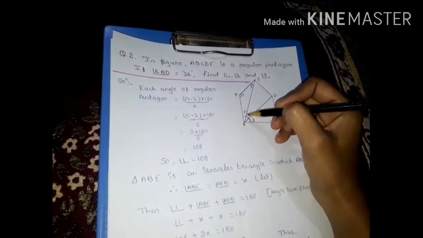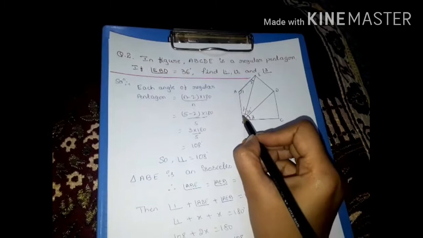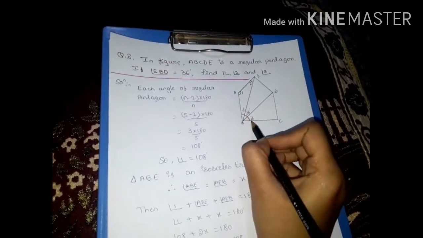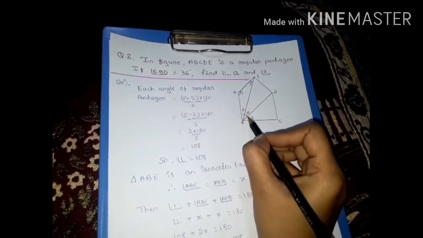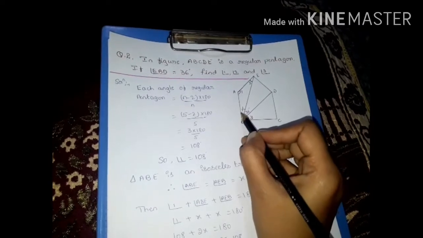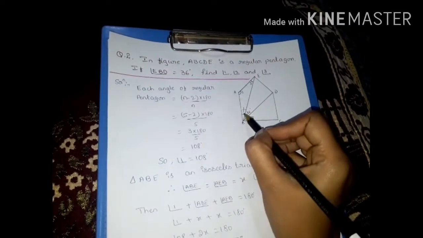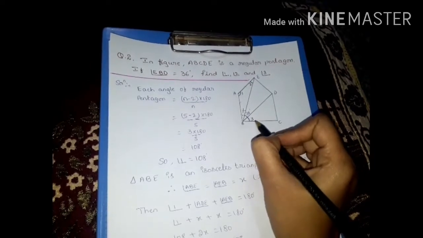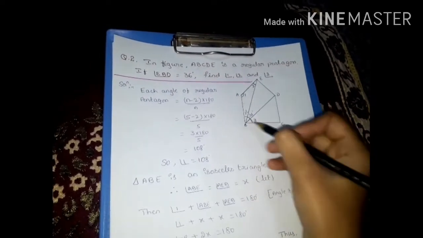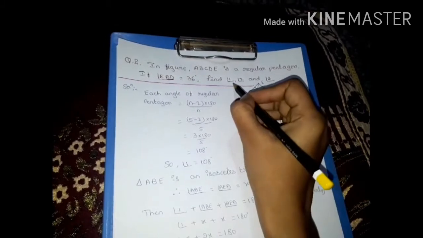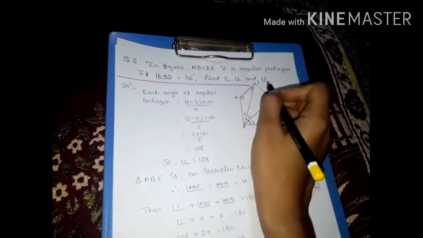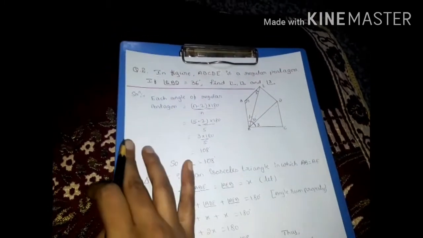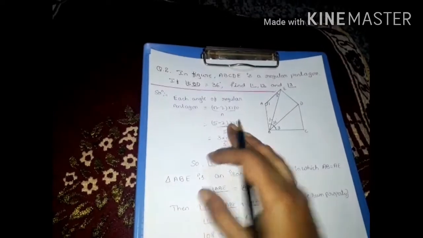After finding the x value, x plus 36 plus angle 3 will give complete angle B. So after finding angle B, subtract angle 3 and you will get angle 3 also. In this way, we can find each angle, angle 1, angle 2 and angle 3 from this question. Now, let us see the solution.